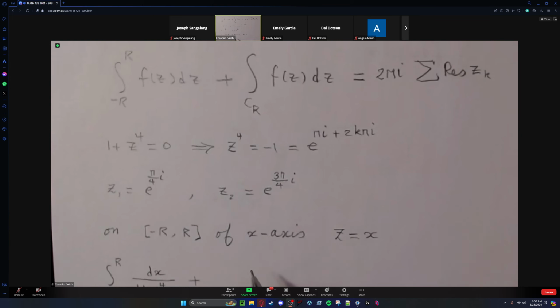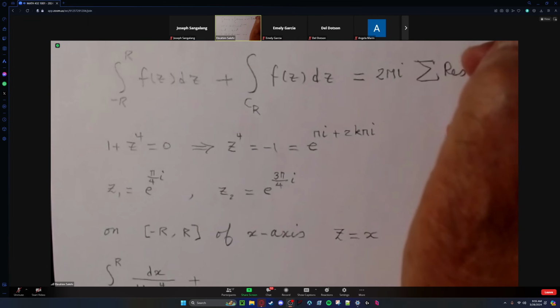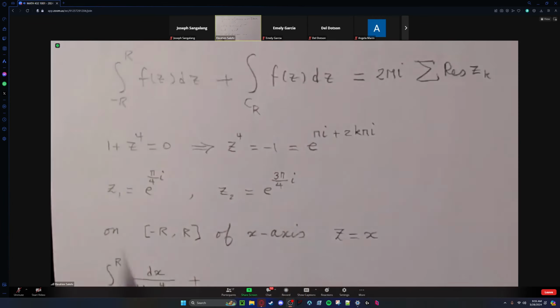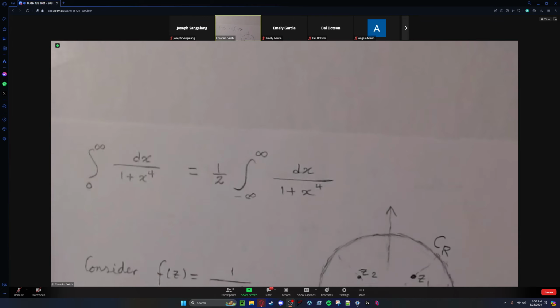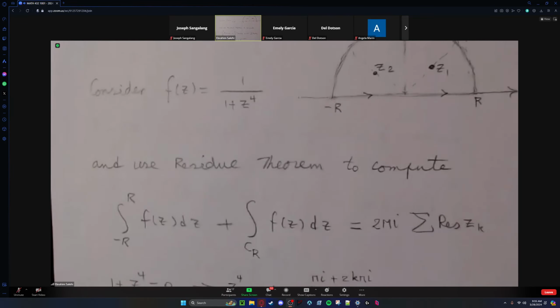Then we have on this circle, right? On that circle, modulus of z is r. I am going to use ML inequality later.